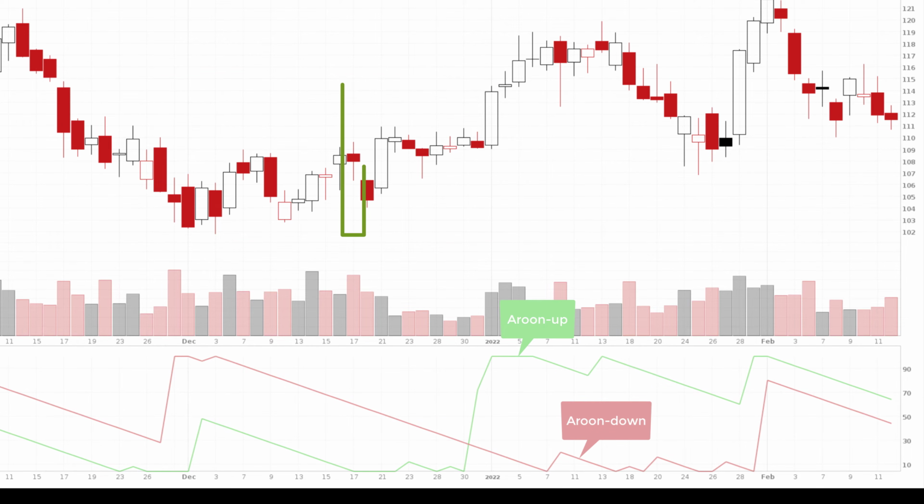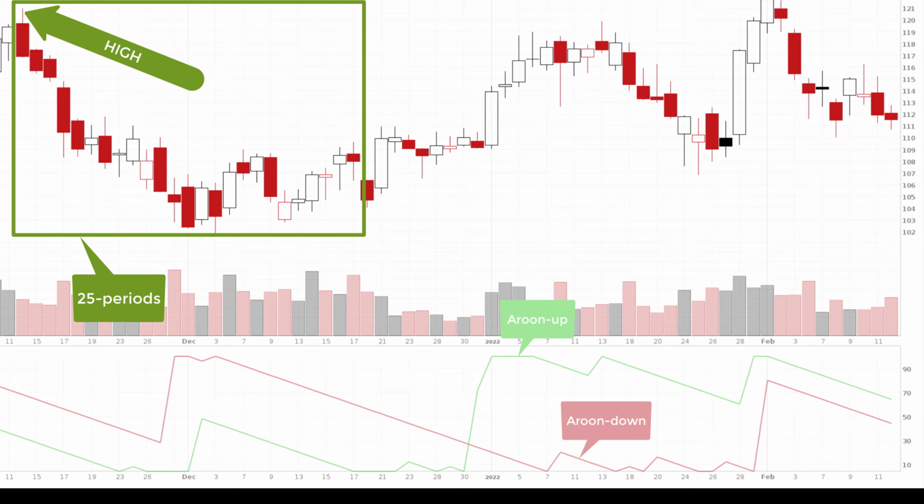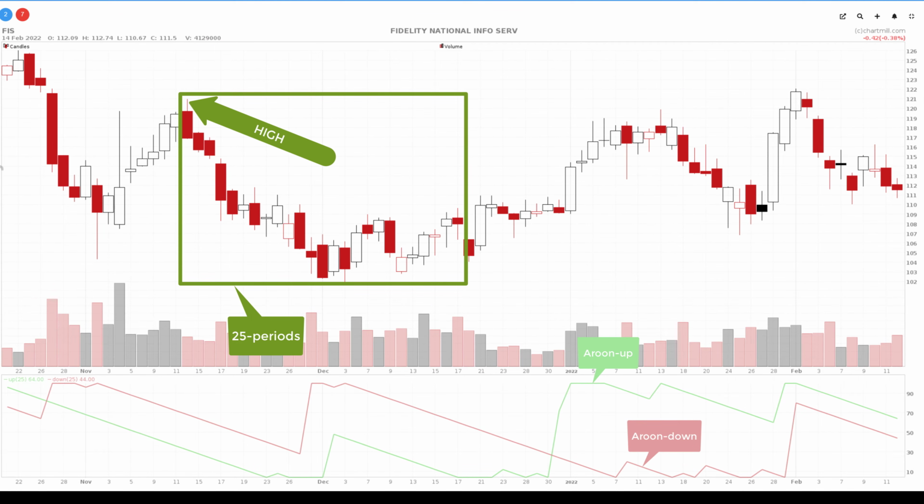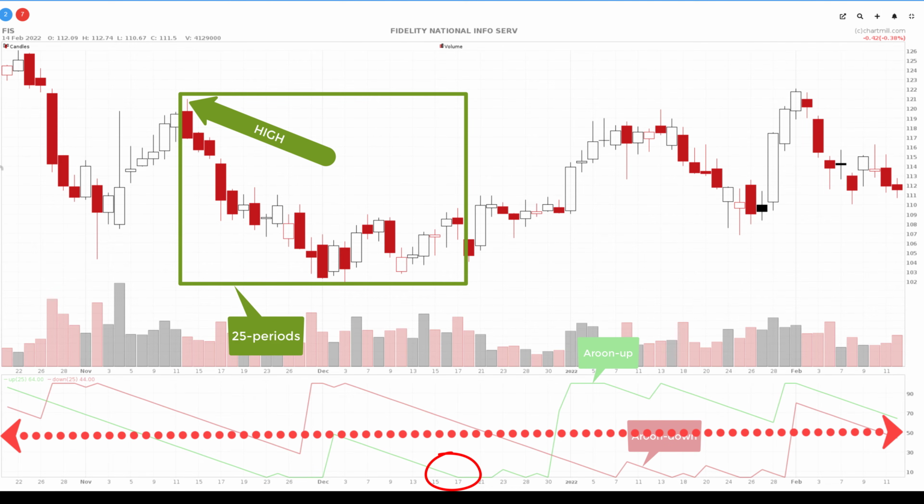In case the highest price is at the beginning of the predefined period, or it is located even further in the past, then the value of the Aroon up will be 0. 50 is the exact midpoint. This means that with a standard period of 25, the value 50 corresponds exactly to 12.5 periods.